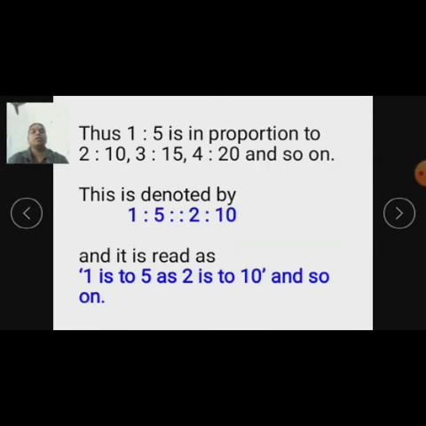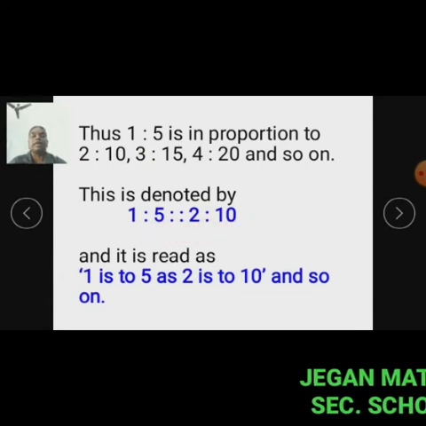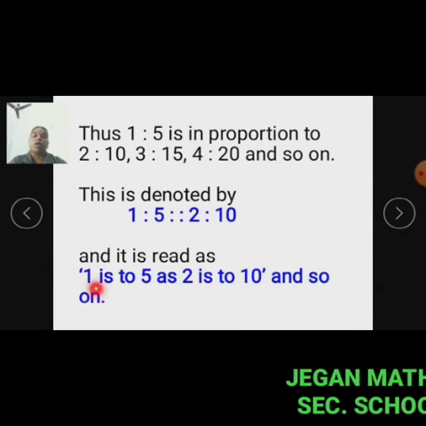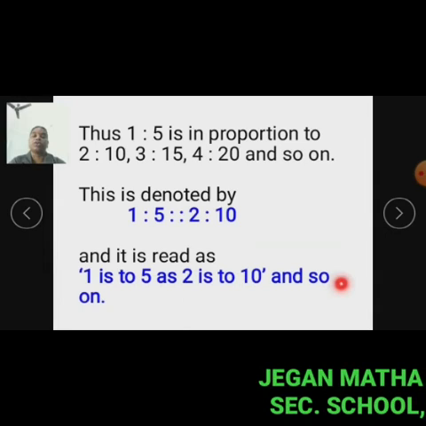Thus, 1 is to 5 is in proportion to 2 is to 10, 3 is to 15 and 4 is to 20. This is denoted by 1 is to 5 is proportion to 2 is to 10, and it is read as 1 is to 5 as 2 is to 10 and so on.